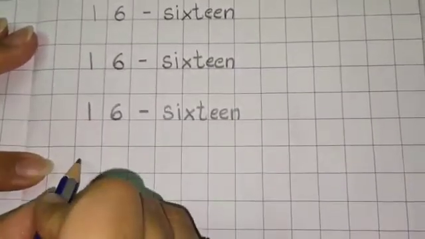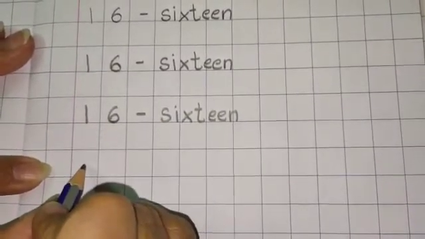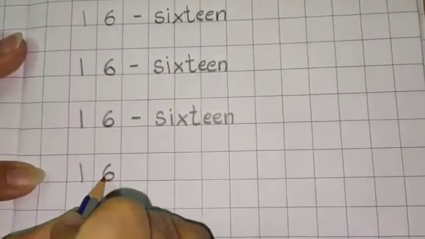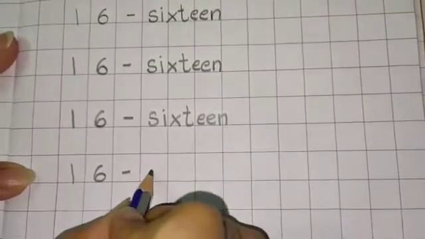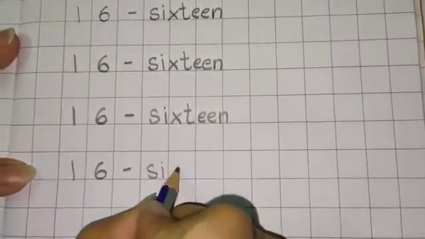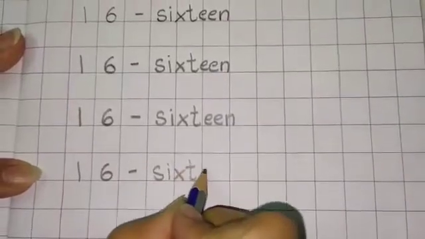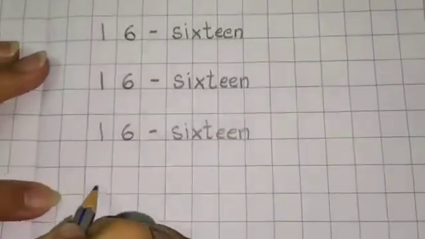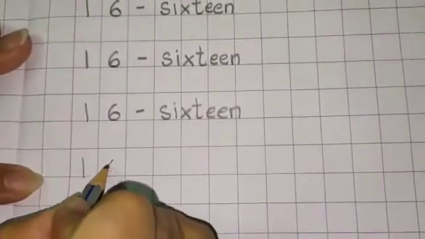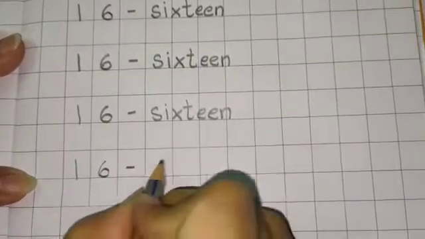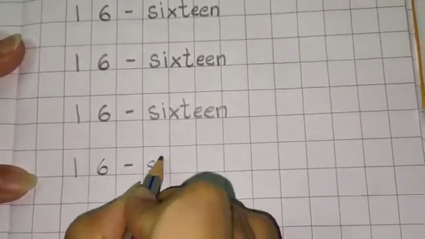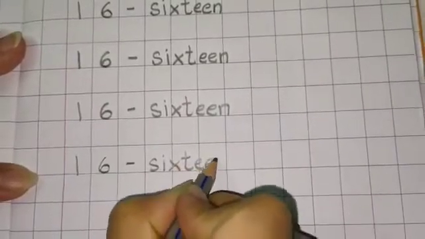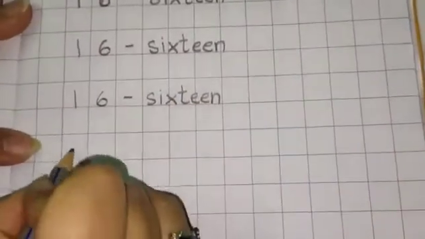Children, when you write, you will also repeat the spelling the way I am saying it. Okay. 1 6, 16, dash, S I X T E N, 16. Again leave a line. 1 6, 16, dash, S I X T E N, 16.